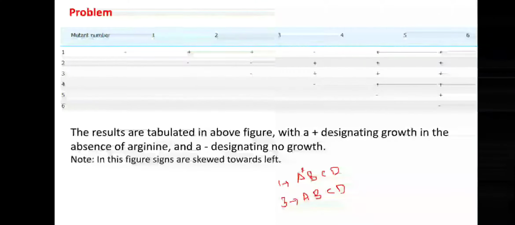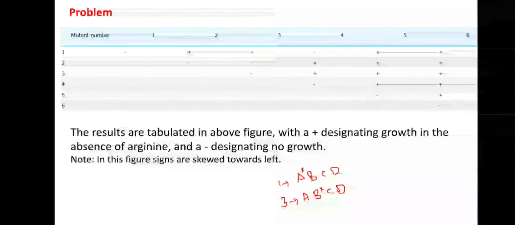All are very important for formation of histidine or arginine. But in this case, B is mutant.